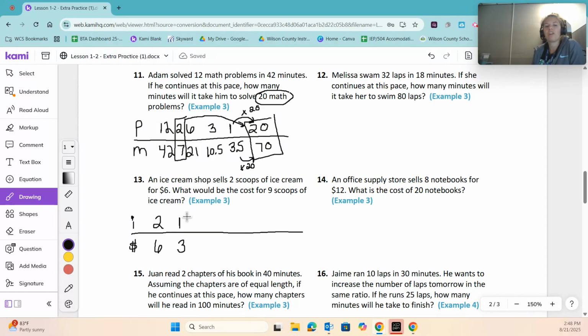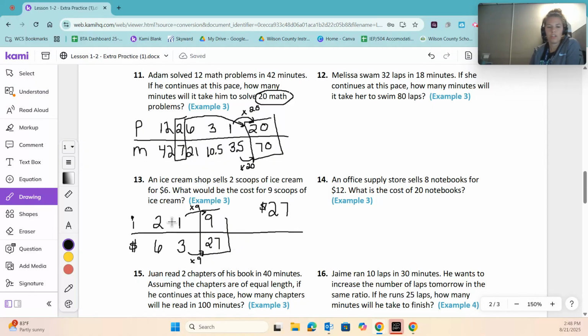Now I want it for 9, so I scaled down first, and now I'm going to scale up. I'm going to multiply by 9 and multiply by 9. I get 9 scoops of ice cream is going to cost me $27.